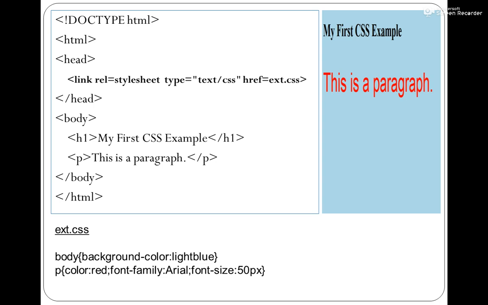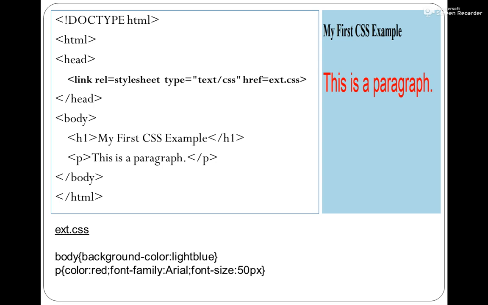In the head section of the HTML code you can see that there is a link tag, and this link tag is using three different attributes. First is the rel, that is the relationship, meaning what is the relationship between this HTML code and the CSS file. Obviously we are calling it a style sheet, so it will take the value stylesheet. Then the next attribute is type.